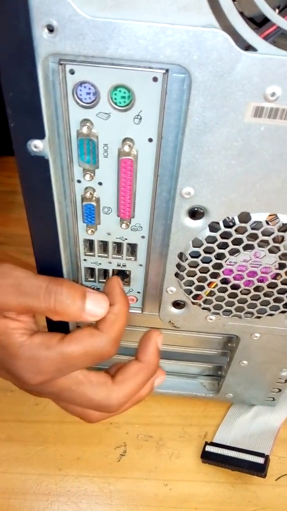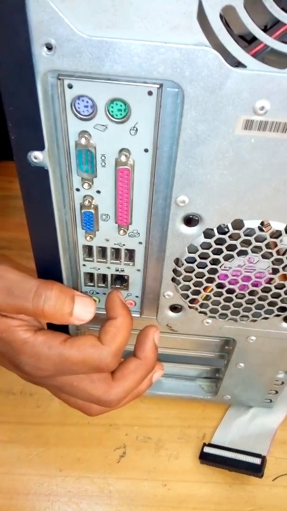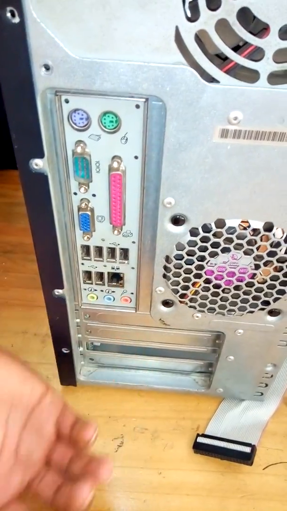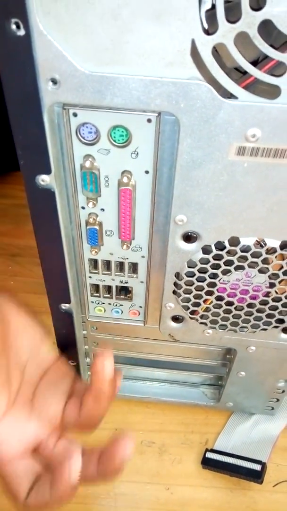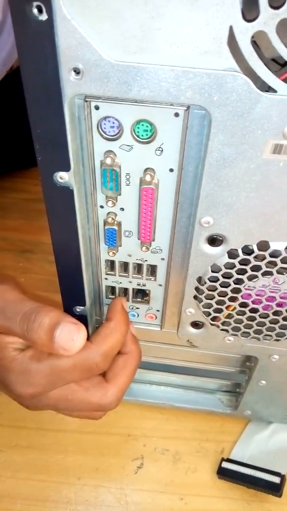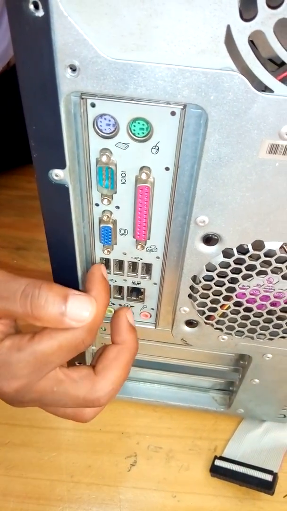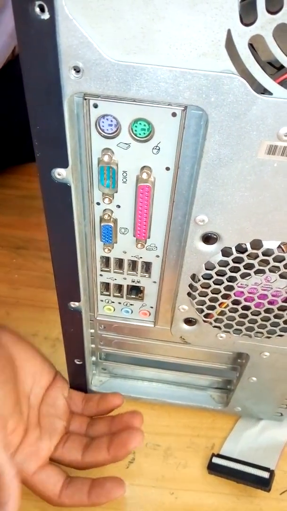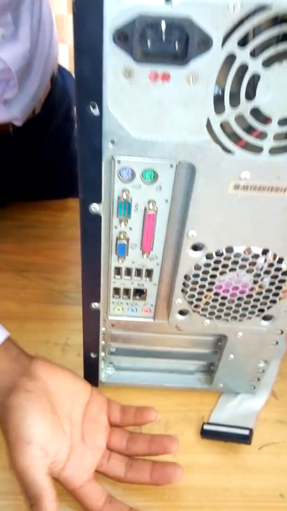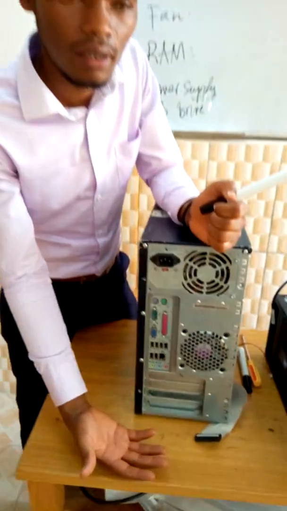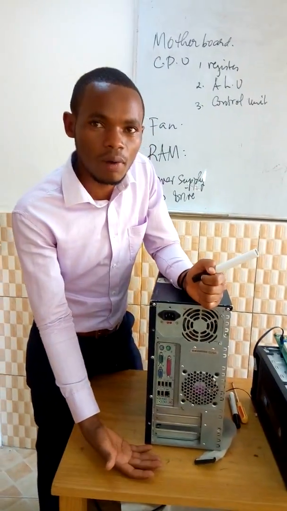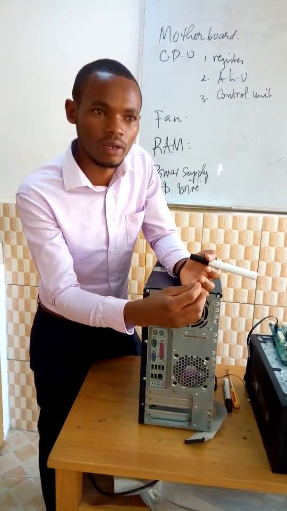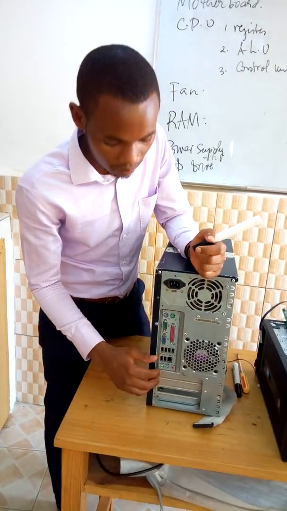Here we have an Ethernet port, which is used to connect the Ethernet cable or RJ45. Here we have USB ports. These can help us connect USB devices, and even the mouse whose connector is a USB.